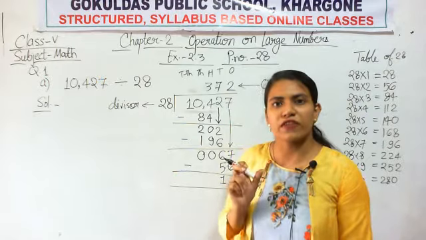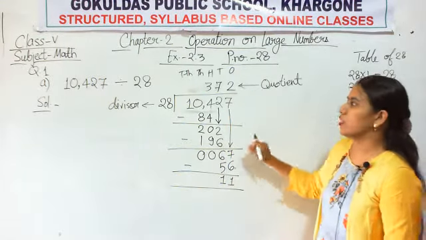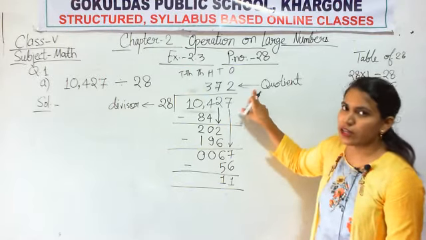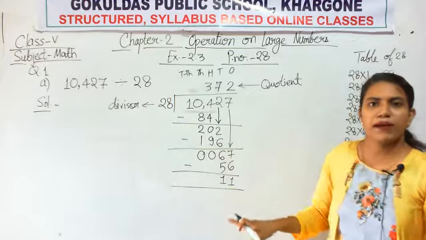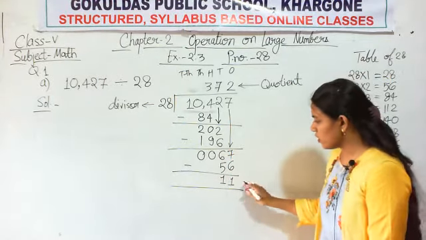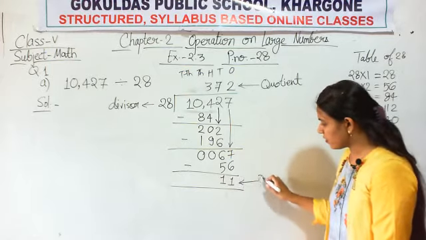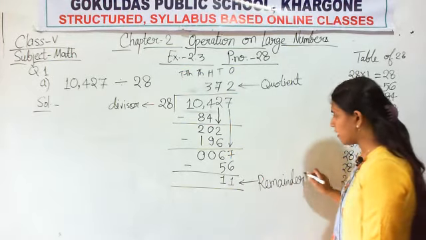The result of division is called the quotient. And the number left after the process of division is called the remainder. So here 11 is left after the division, so it is our remainder.